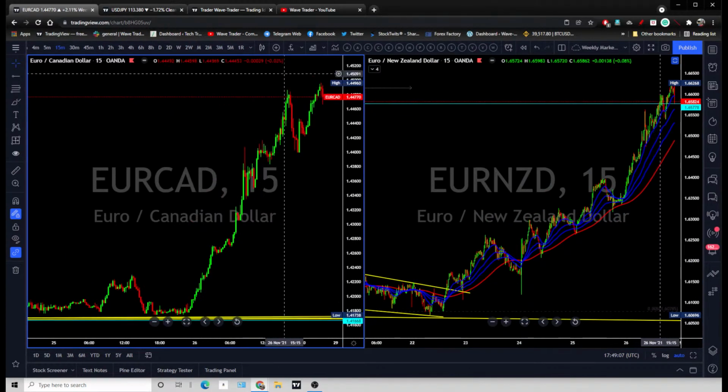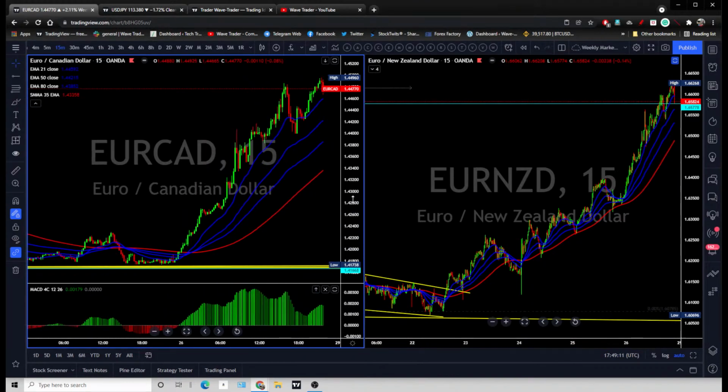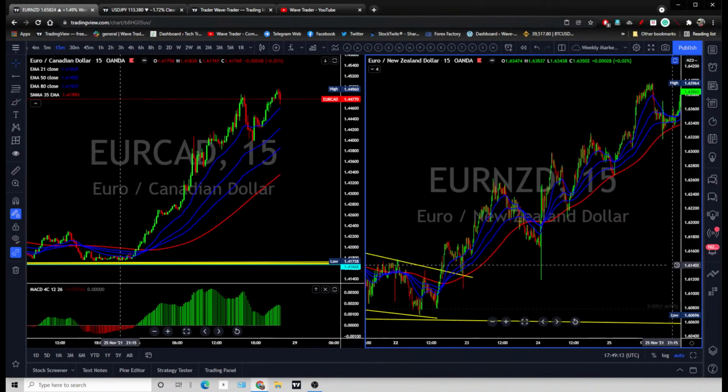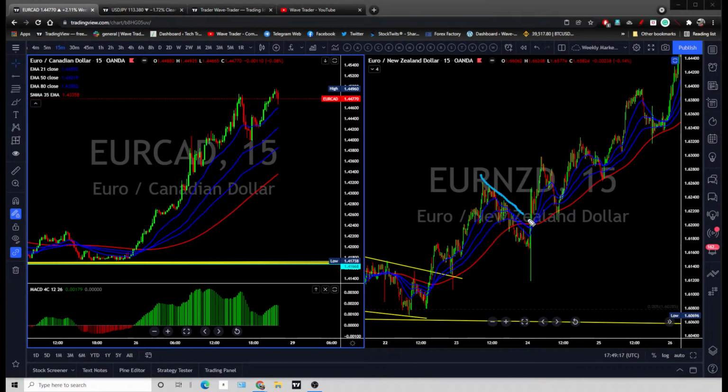Just follow these corrections, copy paste stuff. You see the price gave you enough time on the Euro New Zealand dollar to chase that reversal.